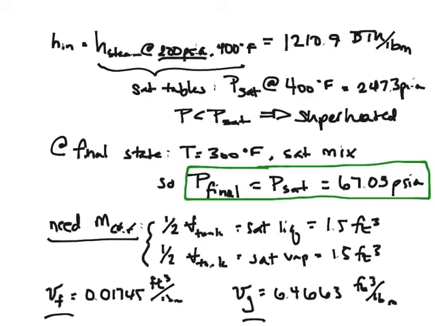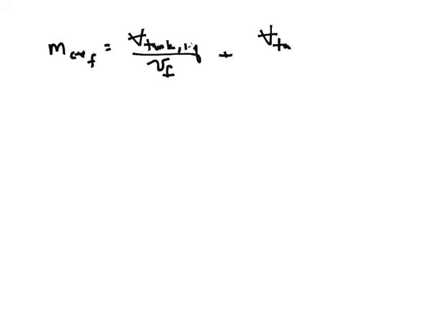All right, so let's go to the next page and let's do that. So the mass of the control volume at the final state equals the volume of the tank that is liquid over the saturated liquid specific volume plus the volume of the tank that is vapor over the specific volume of the saturated vapor.